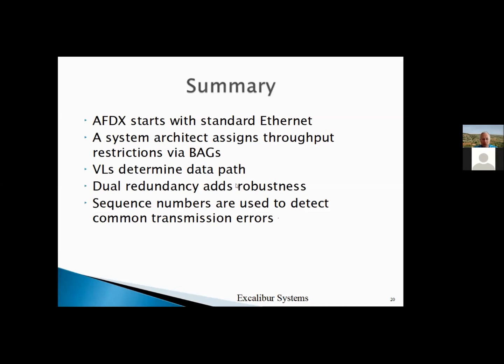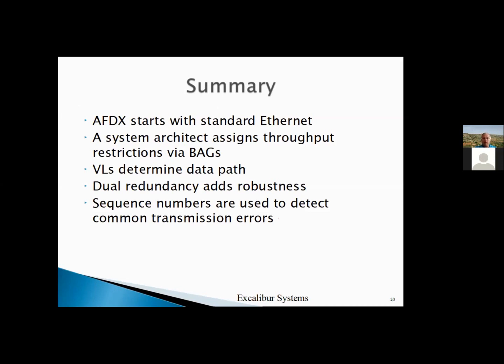Okay, so to summarize, AFDX started out with Ethernet, right? It takes advantage of all the Ethernet standard protocols, hardware. That was their starting point. Then it added real time by using BAGs, by dividing the network into logical data units called virtual links, and assigning each one of those data units a certain amount of time that is allowed to transmit per second.